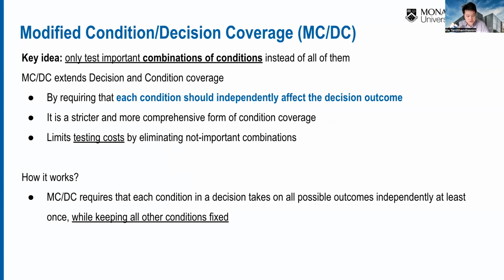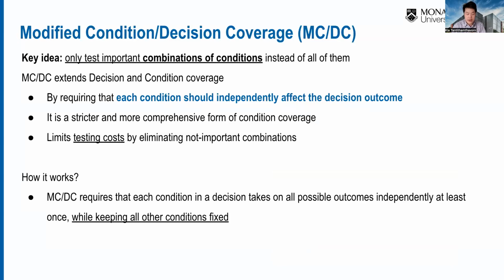Now I'm going to move to the last concept today, which is called MCDC, the most difficult one. MCDC is the technique to reduce the number of test cases to achieve the highest modified condition and decision coverage.